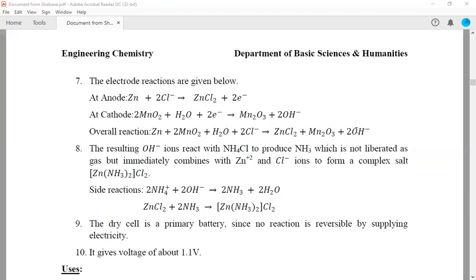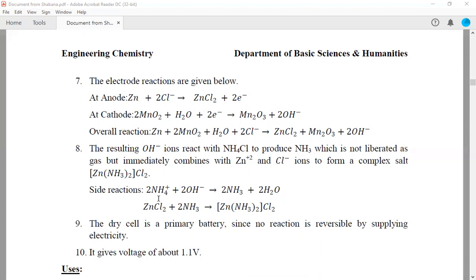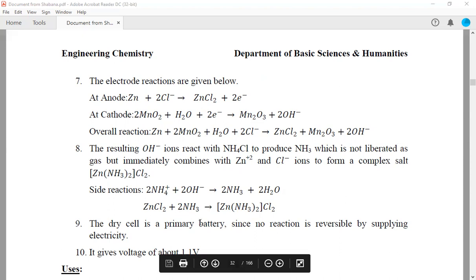And this hydroxyl ion formed in the overall reaction is made to react with the ammonium ion of ammonium chloride to liberate ammonia. It generates ammonia, which is not liberated as a gas, but immediately reacts with the zinc chloride and forms a complex.